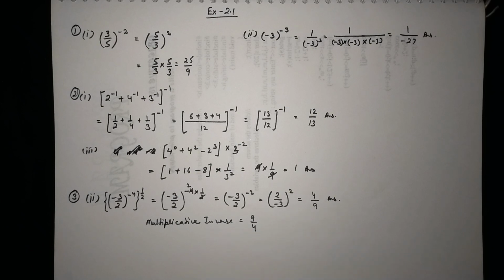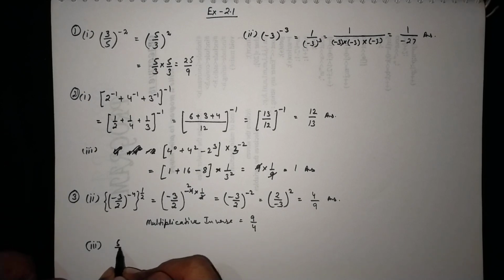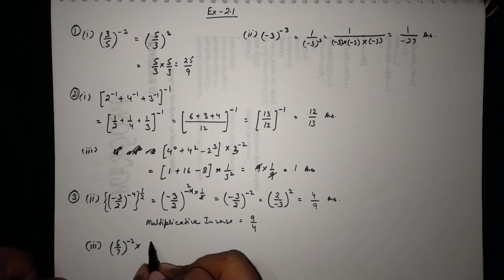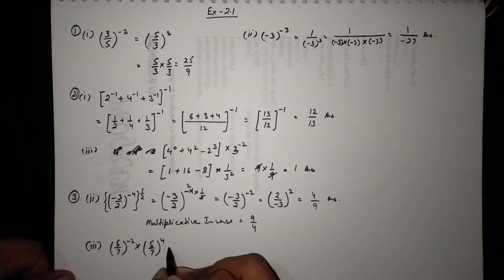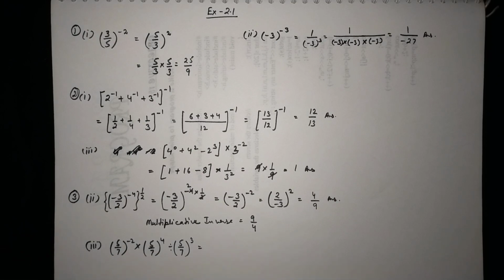Let's see one more part of this one, that is the third part. Here we are having the question 5 upon 7 to the power minus 5 into 5 upon 7 to the power 4 divided by 5 upon 7 to the power 3. As we all know that if the bases are same, the powers are added.